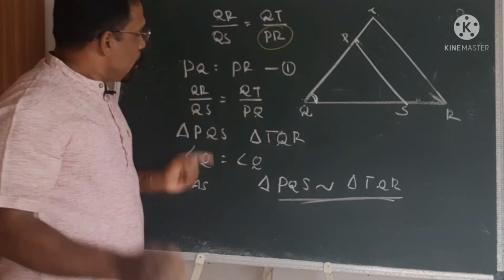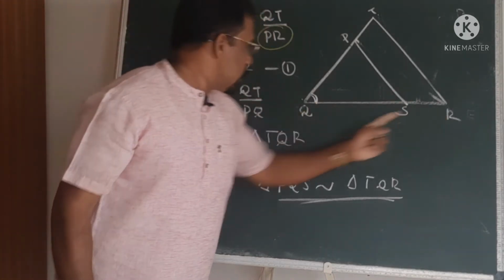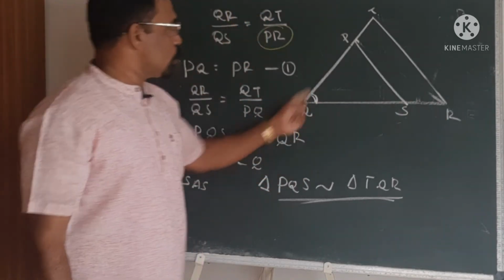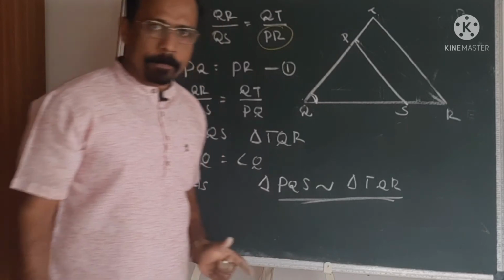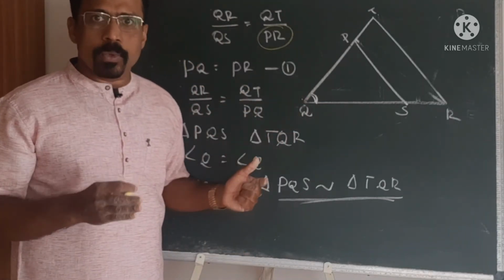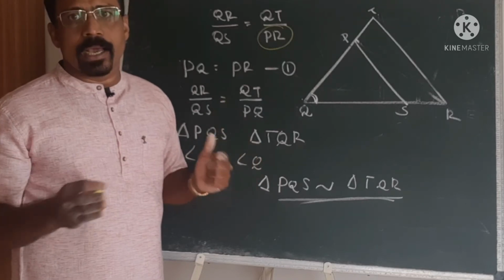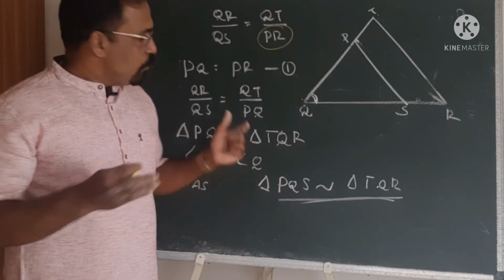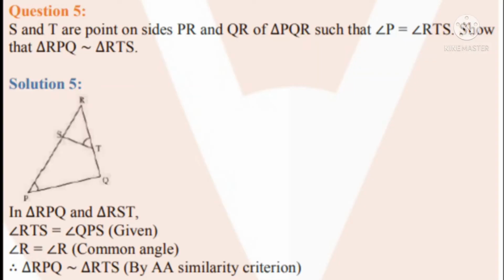Now you see here QR by QS is equal to QT by QP, and Q is a common angle. That means according to the side angle side theorem, these two triangles are similar. Now let us do question number 5.